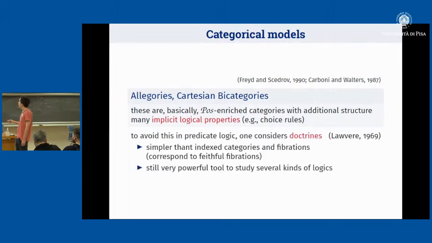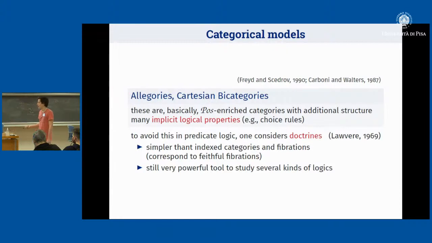So in usual predicate logic, to avoid this and really separate the logic and the algebraic part, one moves to a fibered setting, and doctrines are a very simple fibered setting, which nevertheless are quite expressive and useful.